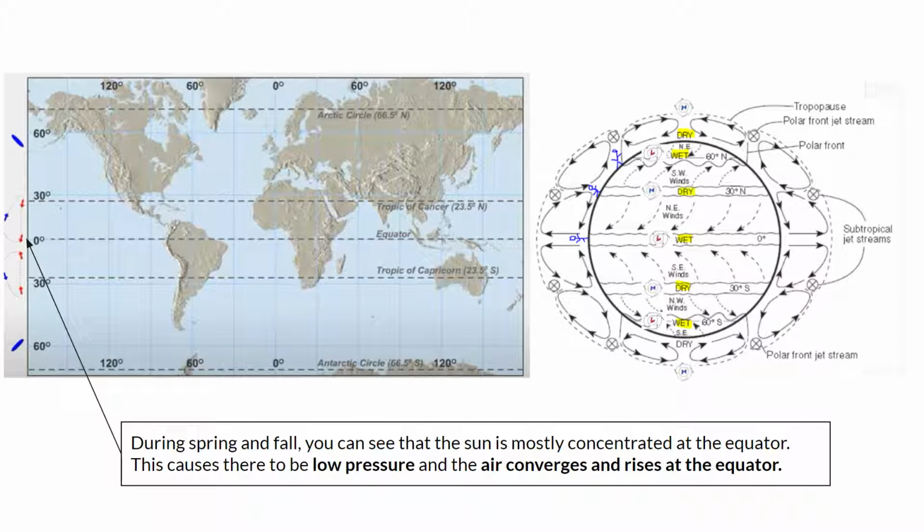But watch what happens outside of spring and fall. So during spring and fall, or the equinoxes, most of the sun's rays are hitting the equator right here, and that's why the air is converging there, and then the air is rising and causing precipitation near the equator.